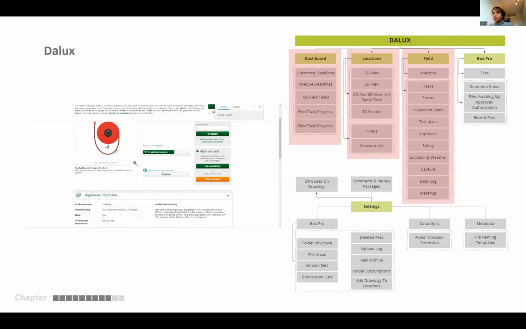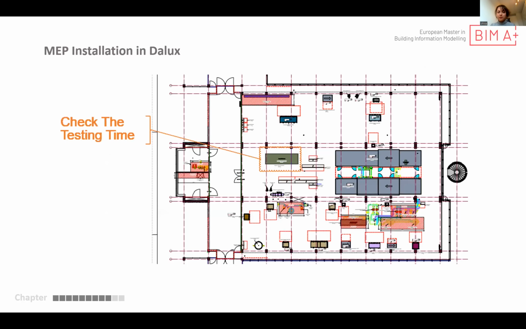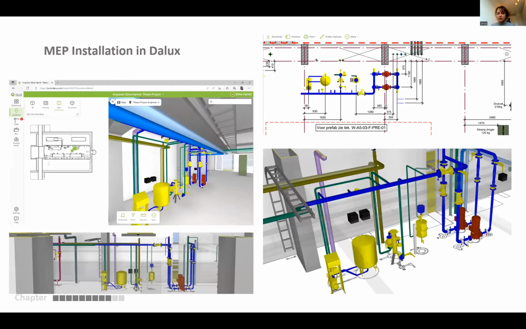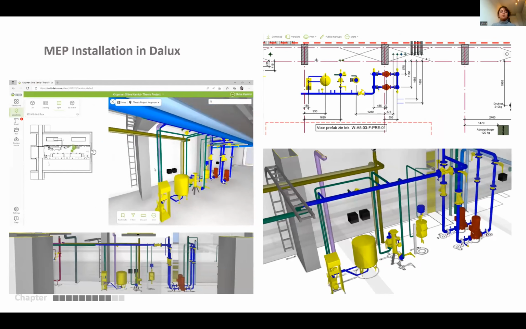And the box brew is mostly the dynamic CD that adds all types of data, with the ordering of documentation where possible. So checking the detail of the MEP system is easy with this platform, and adding comments and photos to it.